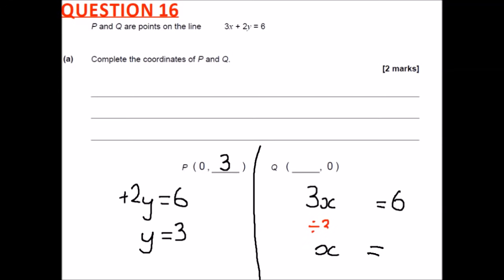But to keep the balance of the equation, if we divide one side by 3, we'll divide the other side by 3 too. So 6 divided by 3 would leave us with 2. And so at point Q, when y is 0, x must be 2. So we've now got 2 points done. P is 0 and 3, and point Q is a point when x is 2 and y is 0.